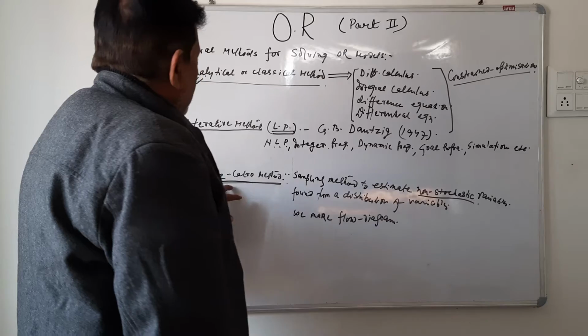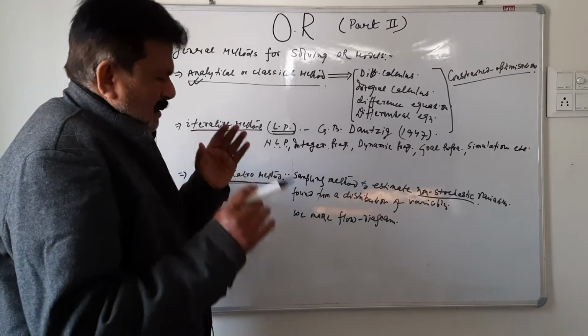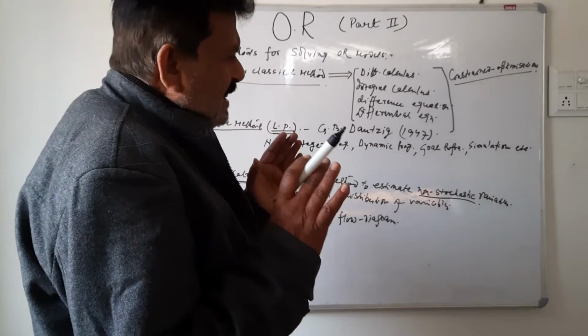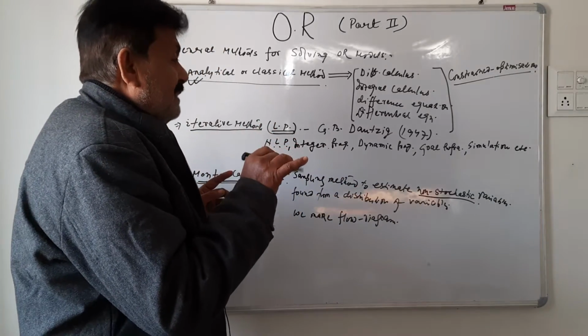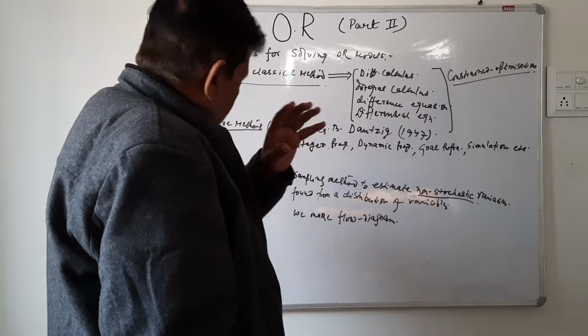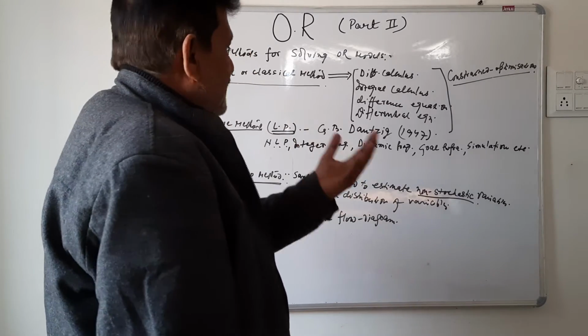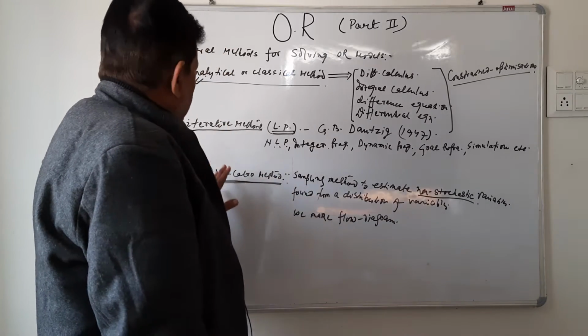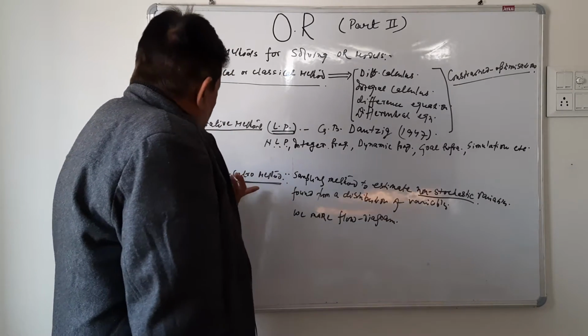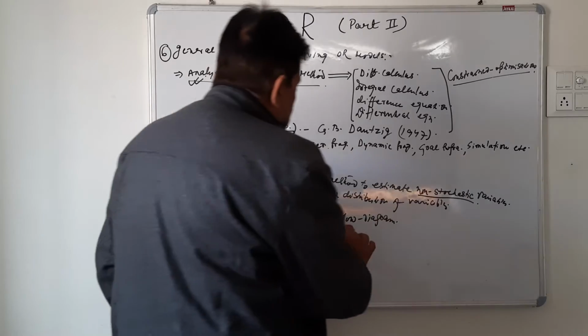Whatever the decision variables are, we look for the distribution of such variables from other places, and from their distributions we pick up the values, make a sample, and then conduct the entire test. Virtually in this Monte Carlo method, we make a flow diagram.